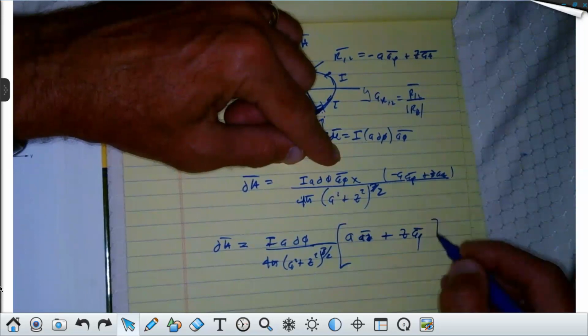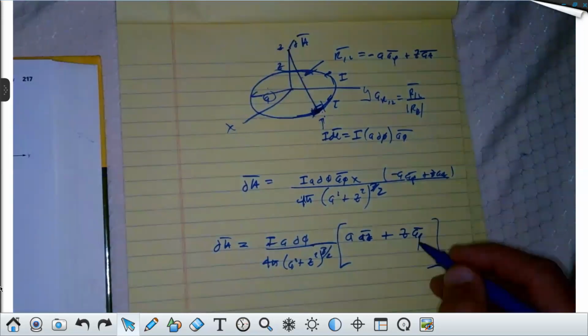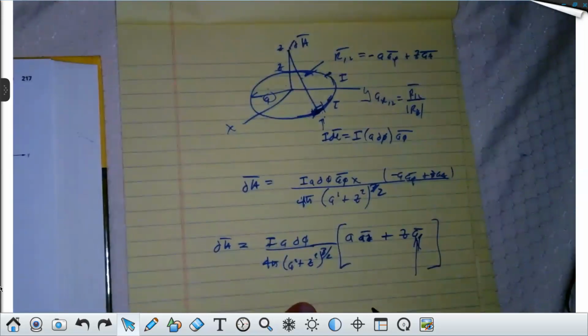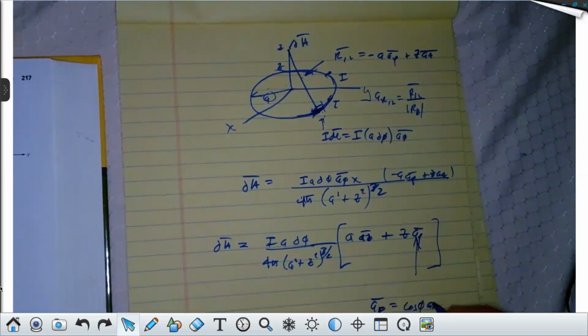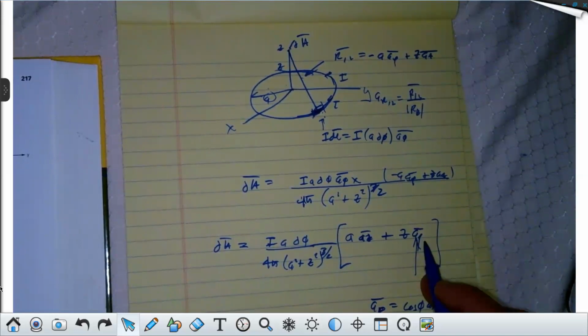Now I'm going to just say this one time. You see A rho here? A rho, a unit vector in the radial direction, is really going to be cosine of phi A X plus sine of phi A Y. I have to do this because when I have a d phi integration and I have A rho here, I cannot do that integration without first breaking down A rho into the X and Y coordinates.